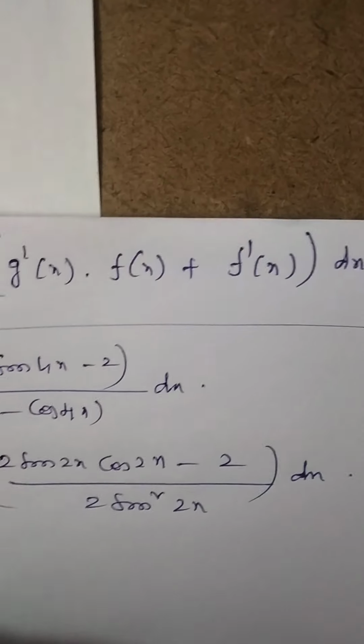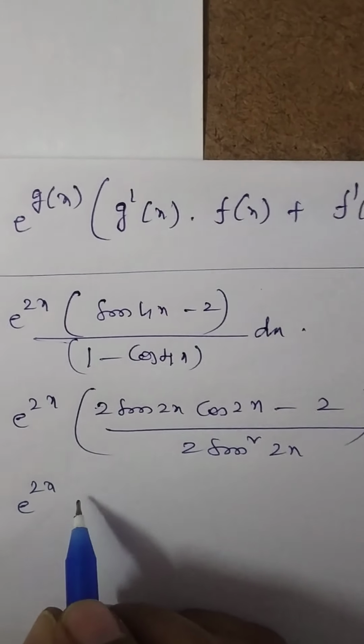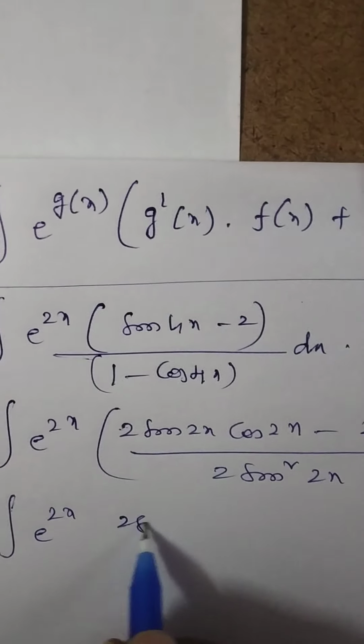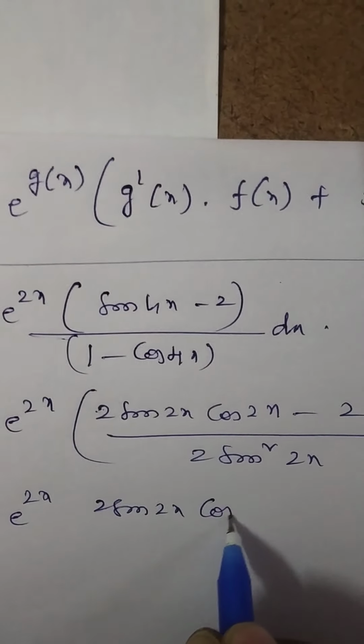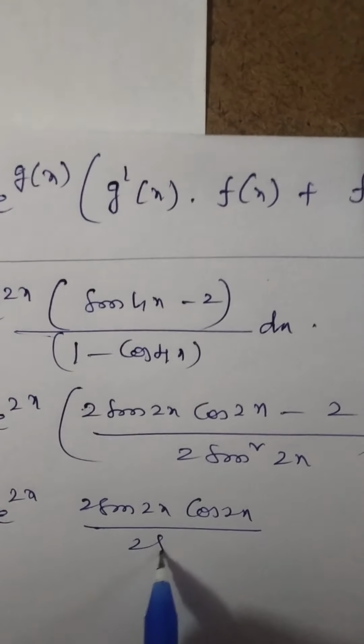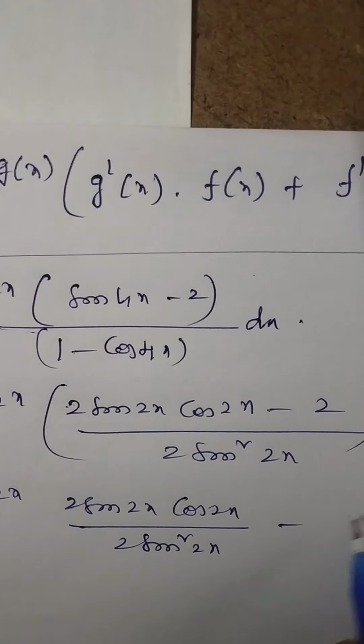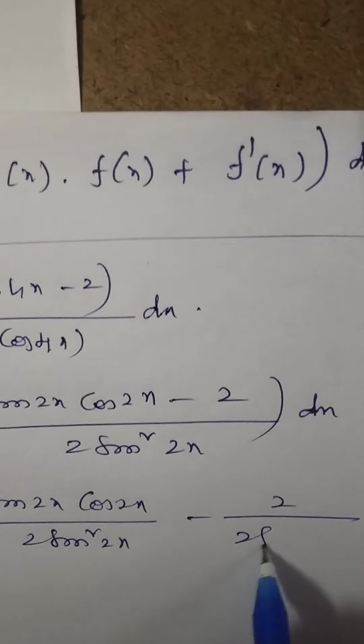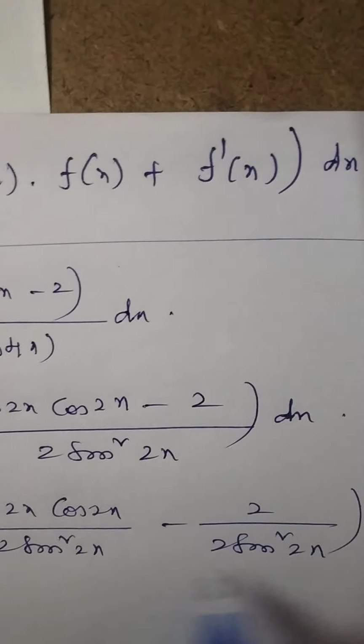So separate this: e power 2x into 2 sin 2x cos 2x by 2 sin square 2x, minus 2 by 2 sin square 2x, we got.